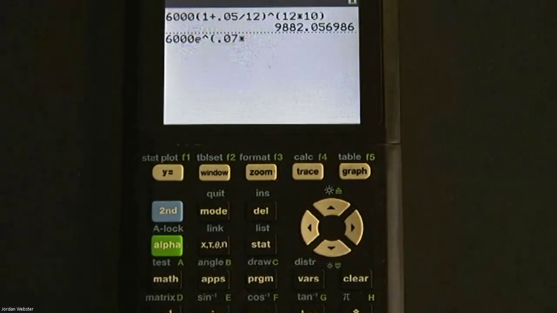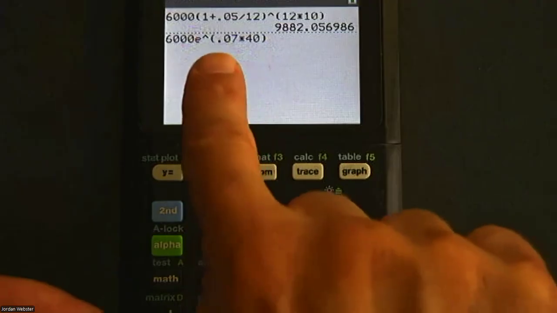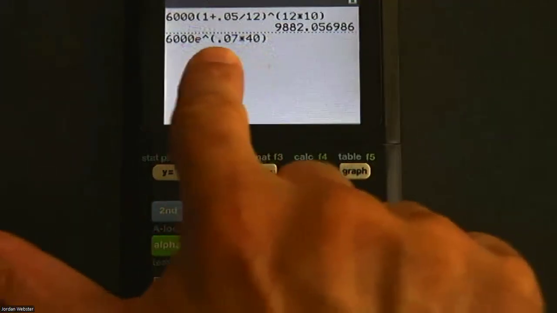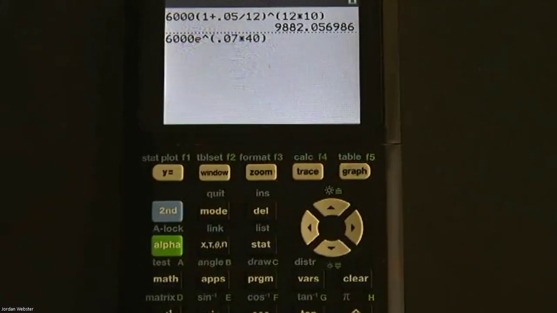Once again, if I'm in classic mode, if I want to do 0.07 times 40, I need to make sure that the 0.07 times 40 is in parentheses, so that entire thing is in my exponent. And I get that.